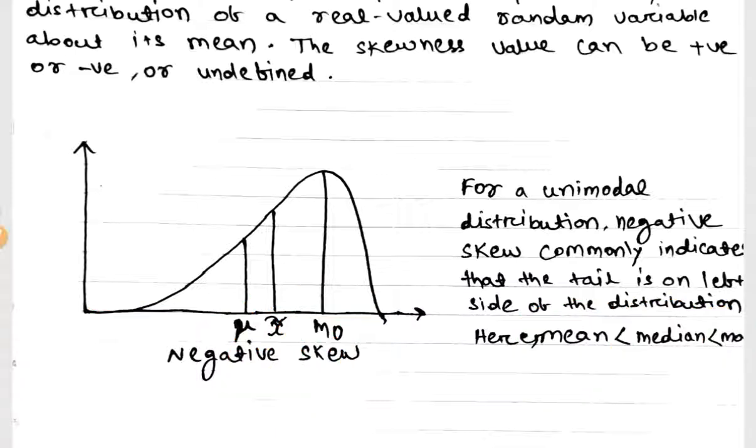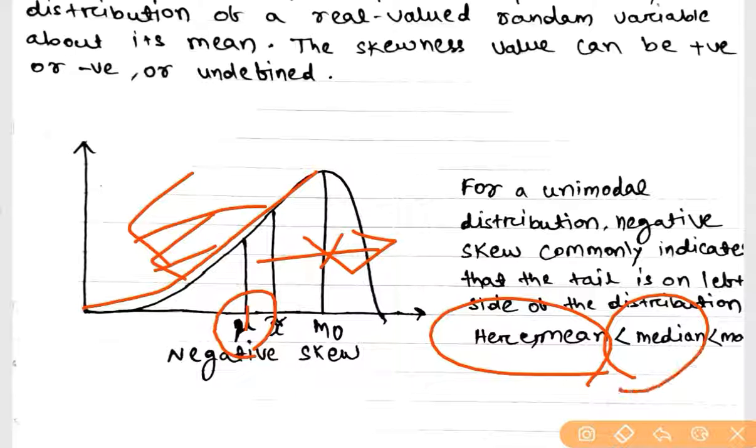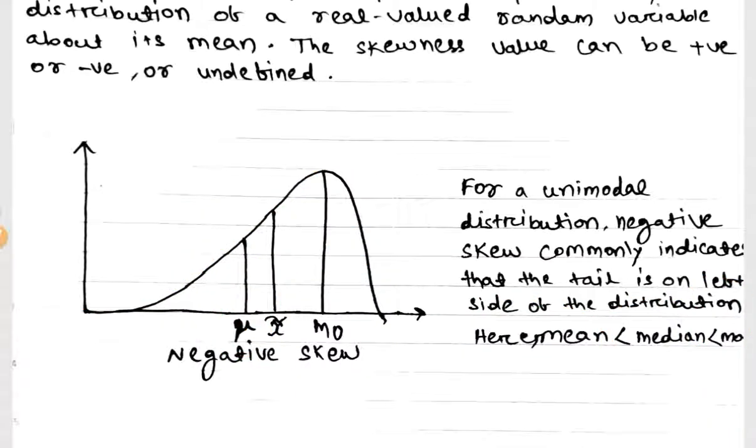Because the skewness is found on this side, where the tail is present. On the other side, the tail is not present, so we cannot say that side is negatively skewed. The important thing here is that the mean is smaller than the median and the median is smaller than the mode.